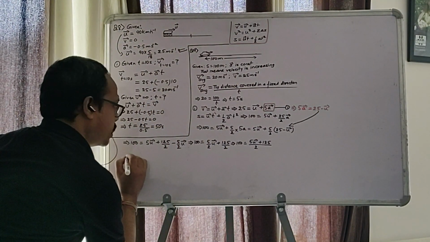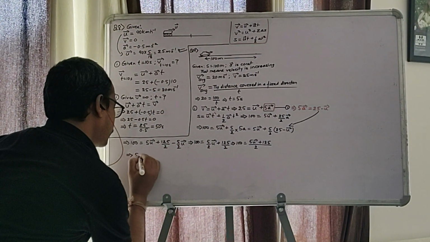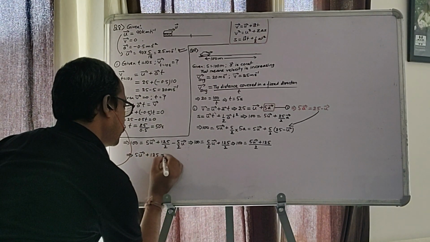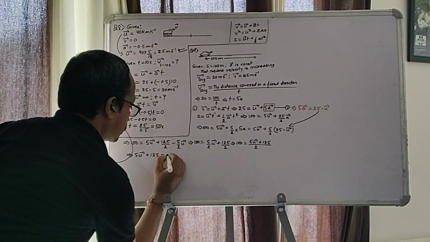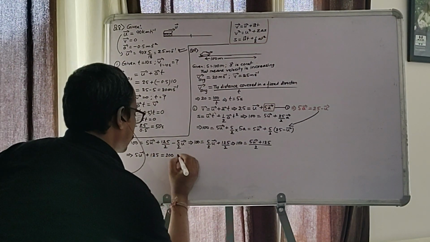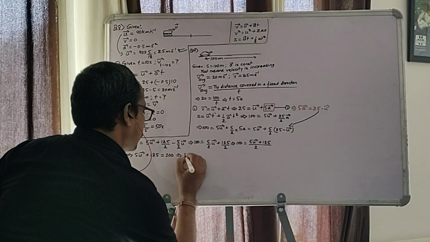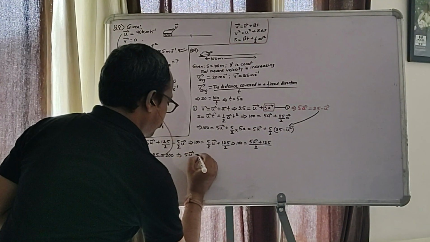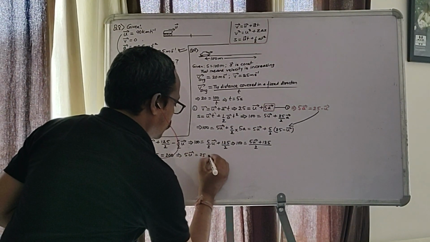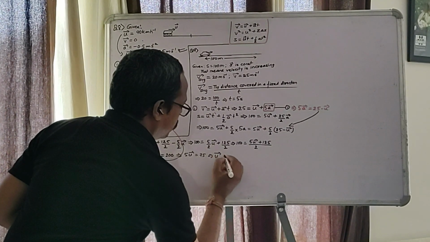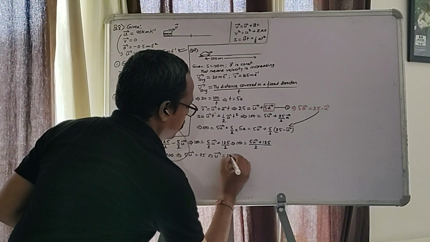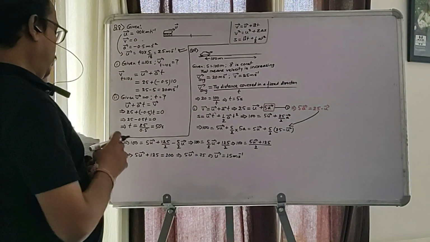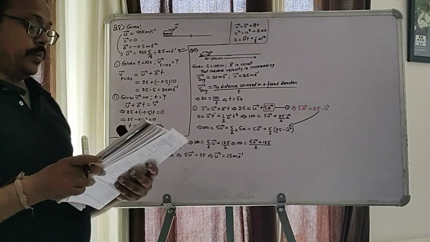Cross multiplication gives 200 equal to 5u plus 125. So 5u is equal to 200 minus 125, that is 75. So u equals 15 meter per second. So we found the value of u equal to 15 meter per second.